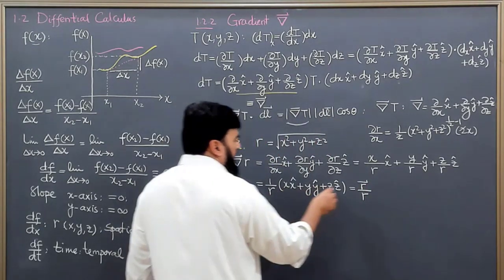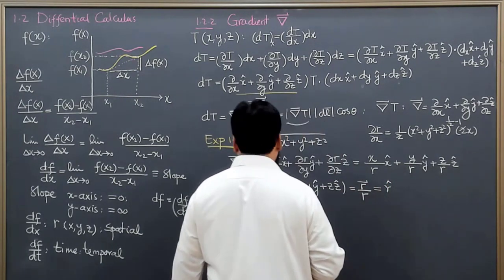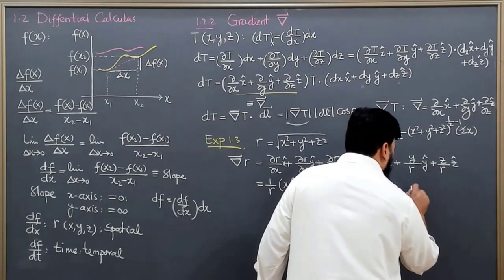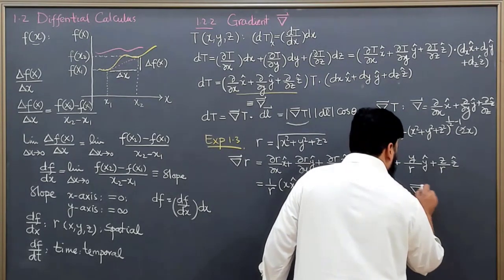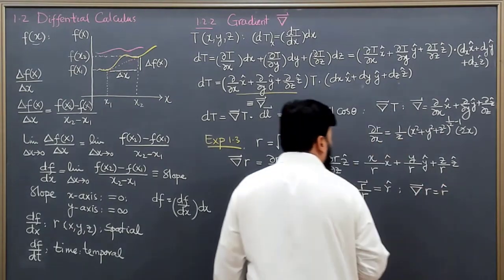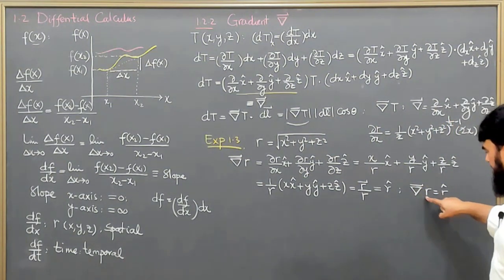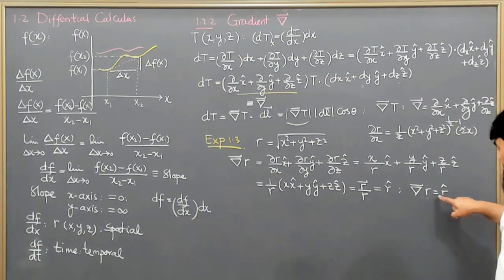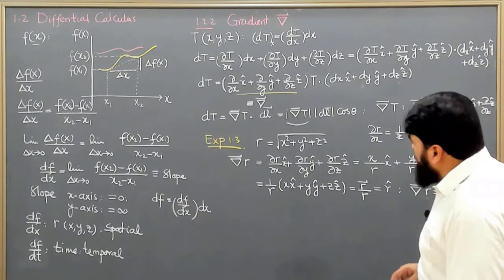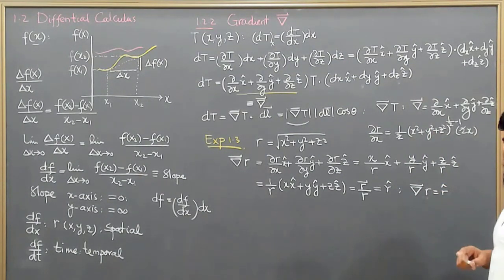And r vector over r magnitude is equal to the r unit vector, just the direction of it, so the gradient of r is the r unit vector. So the gradient of the scalar function r is equal to the unit vector r, meaning the position vector is changing along its radial direction, along r.